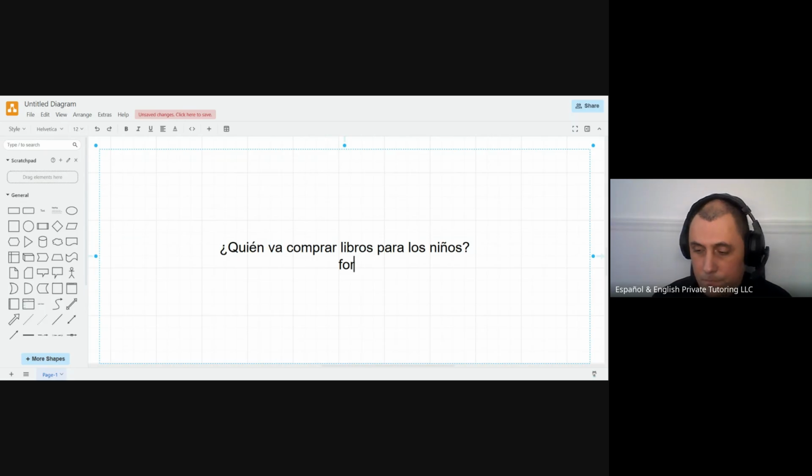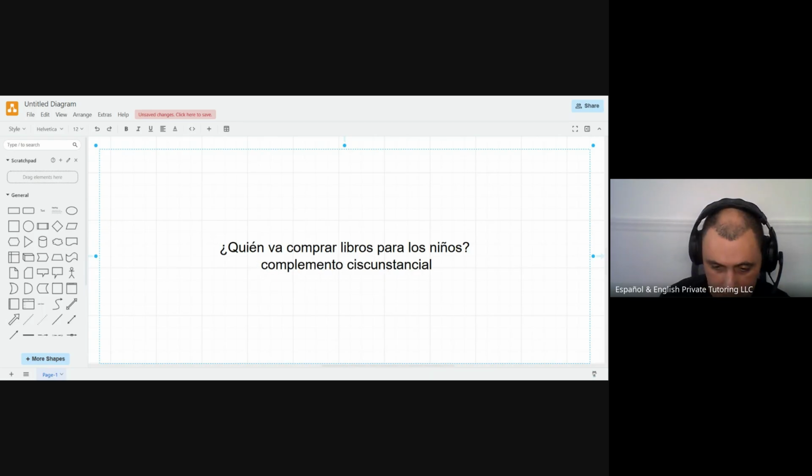In other words, for the children is not an indirect object. In Spanish, it is called complemento circunstancial. This is advanced grammar, so I'm not going to go into this now.